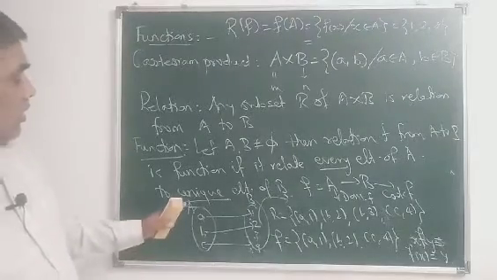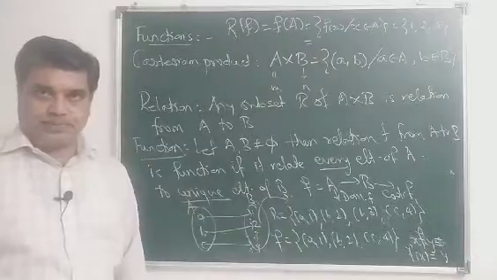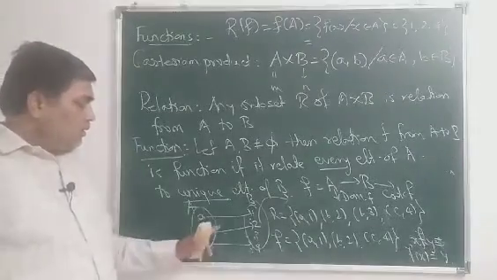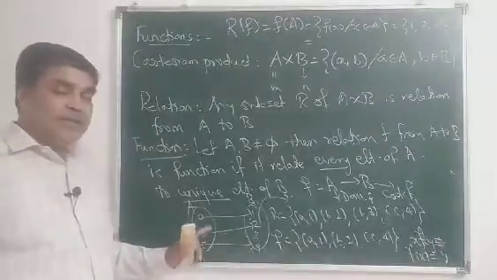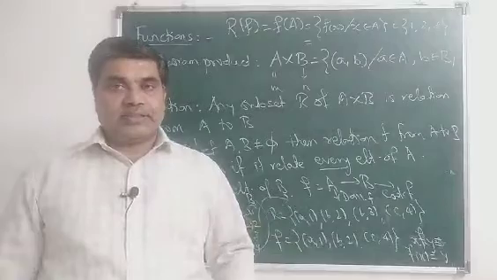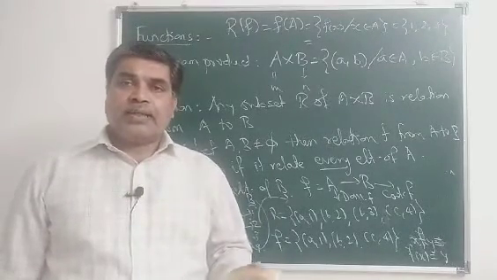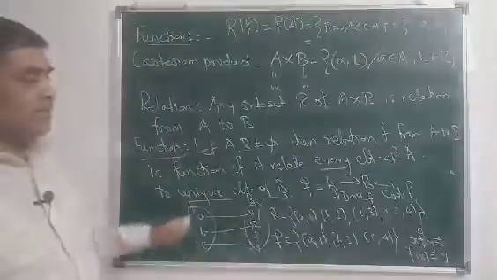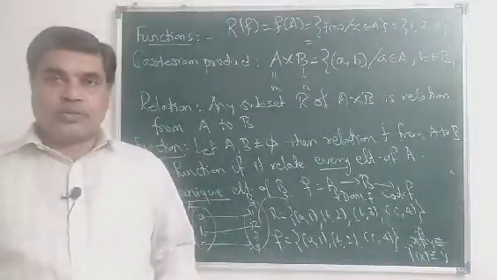Now, other types of function, one-one function. A function f is said to be one-one if any two distinct elements in A have distinct images. Means if you are able to find at least two elements having the same image, then that function is not one-one.